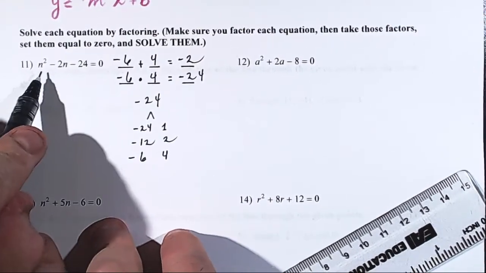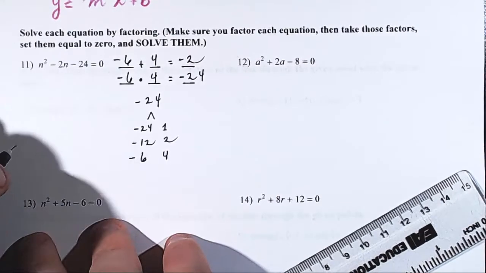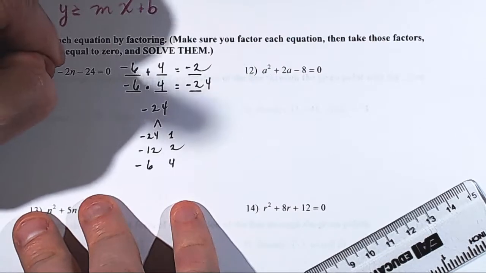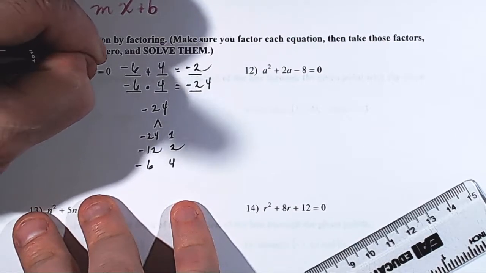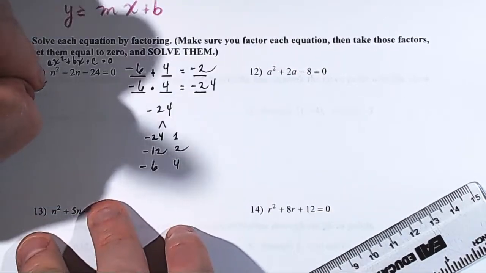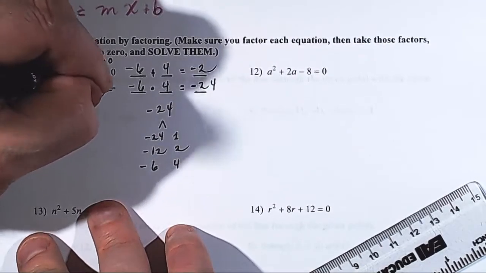Now you're going to take this standard form equation of the quadratic, ax squared plus bx plus c equals 0, and we're going to write it in the factored form. Open paren, close paren, open paren, close paren, still equals 0.